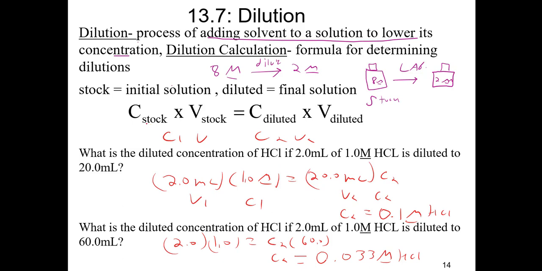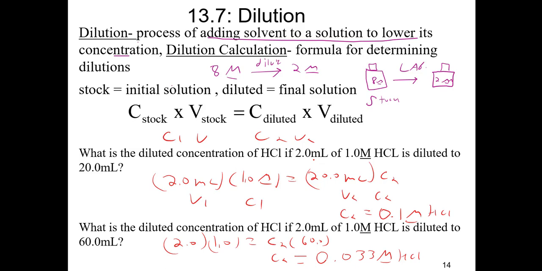So the initial or stock concentration we call C1. Initial volume transferred is V1. The final diluted concentration is C2. And the diluted volume, when we added in the water to that mark on the volumetric glassware, that's V2. So I go ahead and label everything.